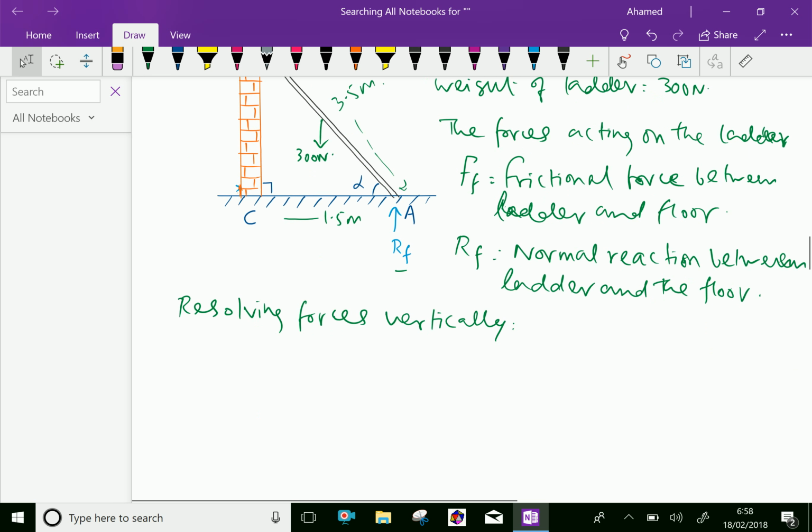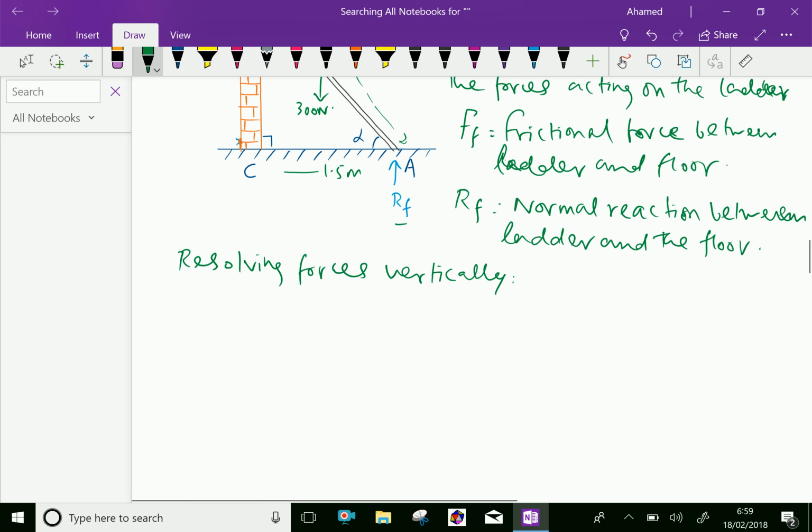Therefore both are equal. There are no other vertical forces, only these two, so RF equals 300 Newton.